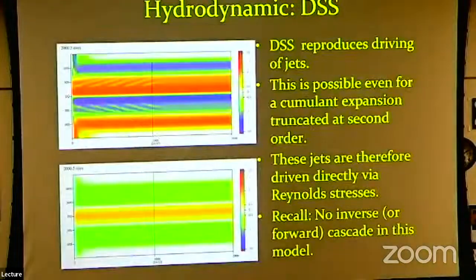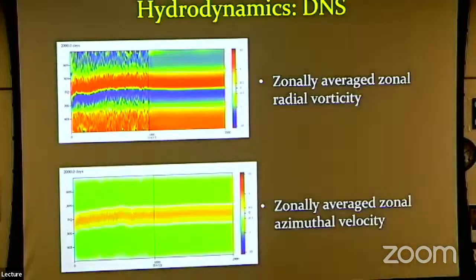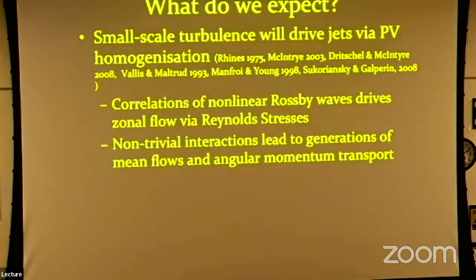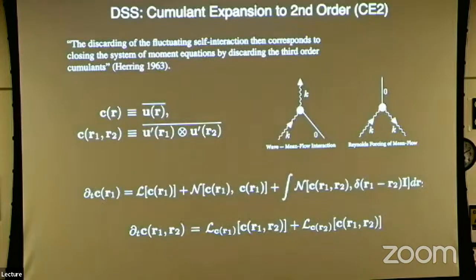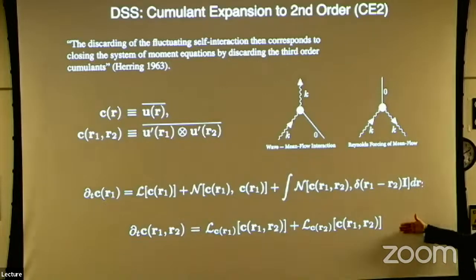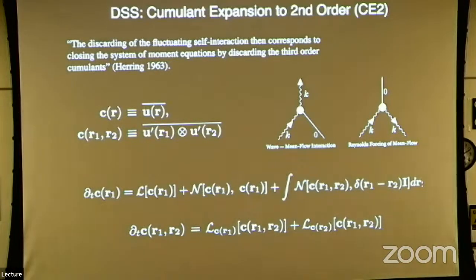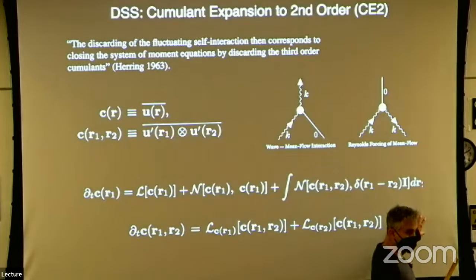Now I'm doing a cumulant expansion under the quasi-linear approximation. So let me go back and I'll show you. It's here. This is what we solved. We actually solved these equations. And the quasi-linear approximation has come in by the fact that we don't have anything else here, because we've dropped this term, and that has led to the third cumulant not appearing in the equations.